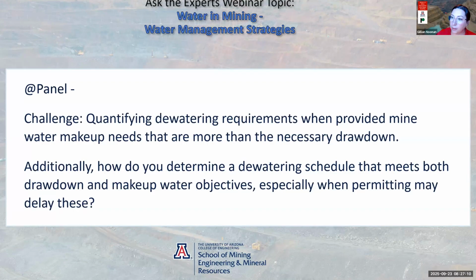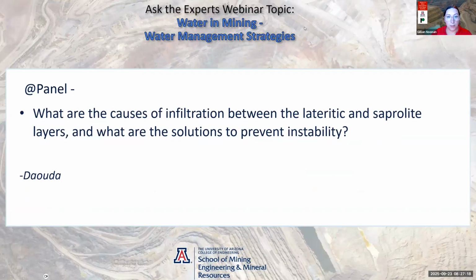And this one came in from Dauda. If any of our panelists, I do believe they have experience working in laterites and saprolites. So Dauda is asking, what are the causes of infiltration between the lateritic and saprolite layers, and what are the solutions to prevent instability?